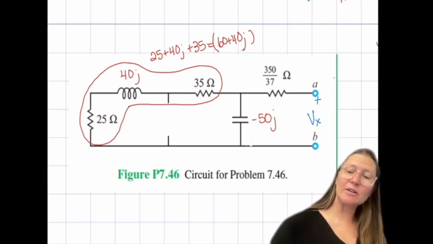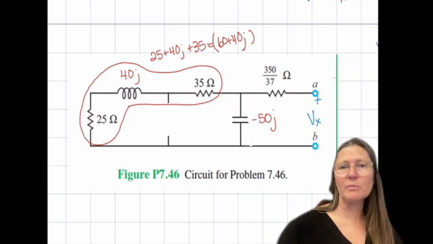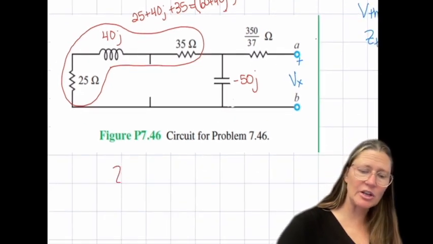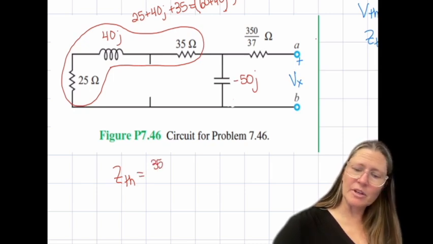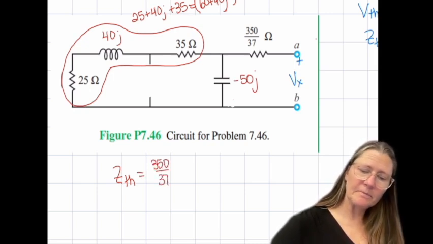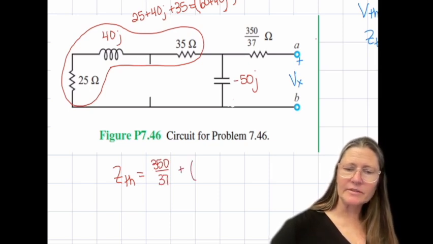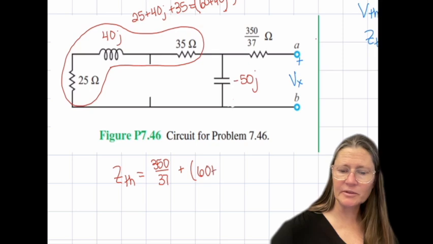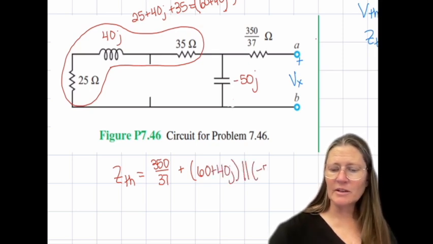And then that component is in parallel with the minus 50J. So ZTH here is 350 over 37 plus this 60 plus 40J in parallel with a minus 50J.